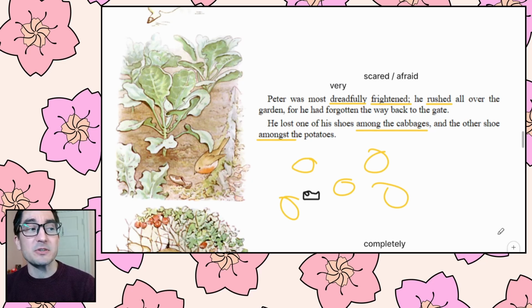Peter was most dreadfully frightened. He rushed all over the garden, for he had forgotten the way back to the gate. He lost one of his shoes among the cabbages, and the other shoe amongst the potatoes.